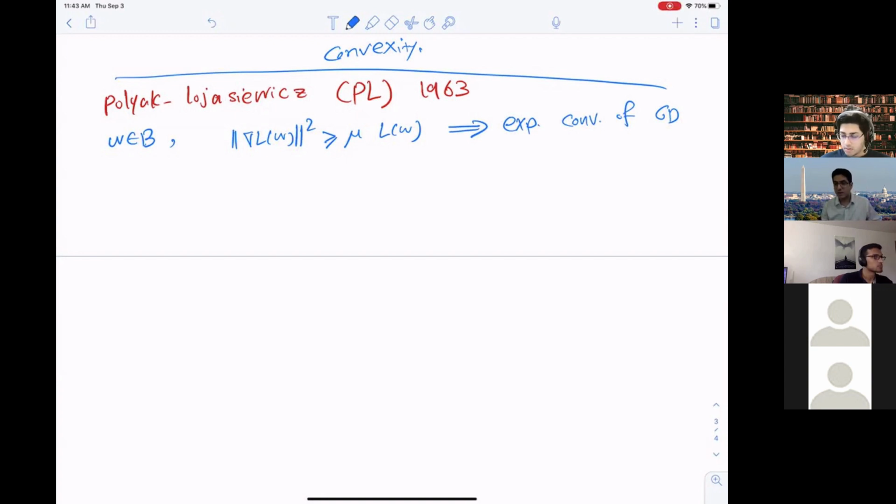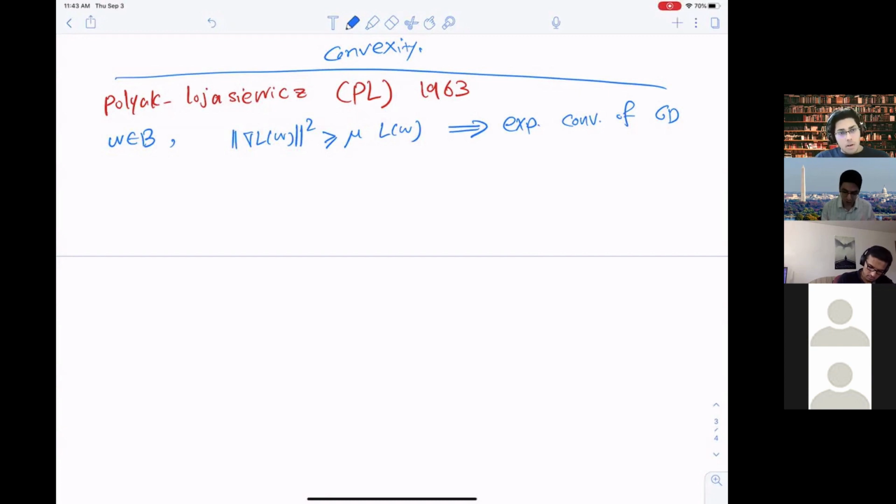Really, really elegant and simple condition. This is the PL condition. And we'll see a variation, a proof of this, hopefully in today's lecture. But you can see, it doesn't assume anything about convexity of the loss function here.